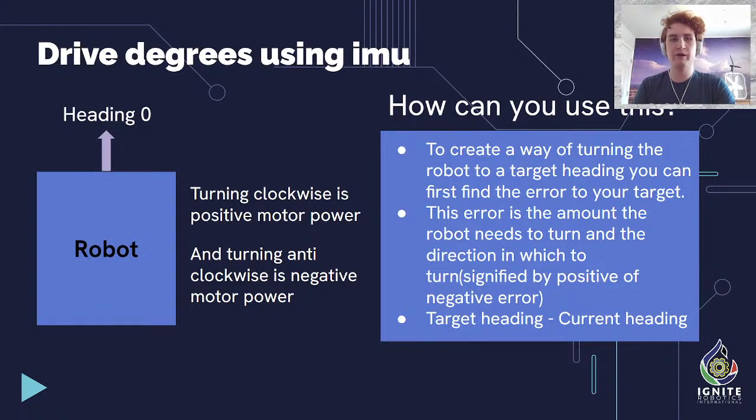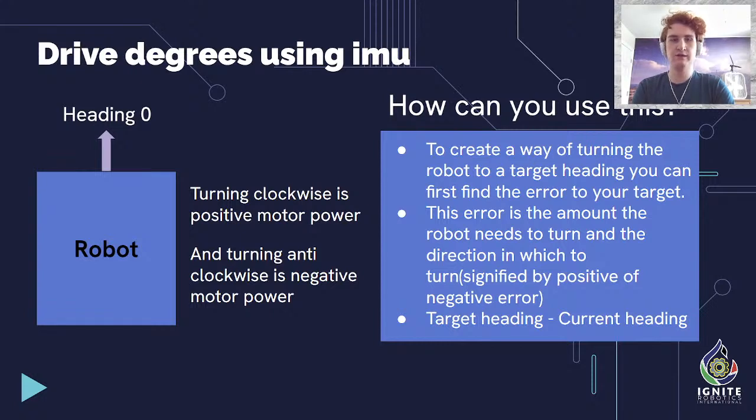So while we're off by more than 10 degrees, we find error equals target minus IMU.getRobotYawPitchRollAngles().getYaw, and then we have to input the degree angle unit. That gives us our error, and then we can just simply set our powers.